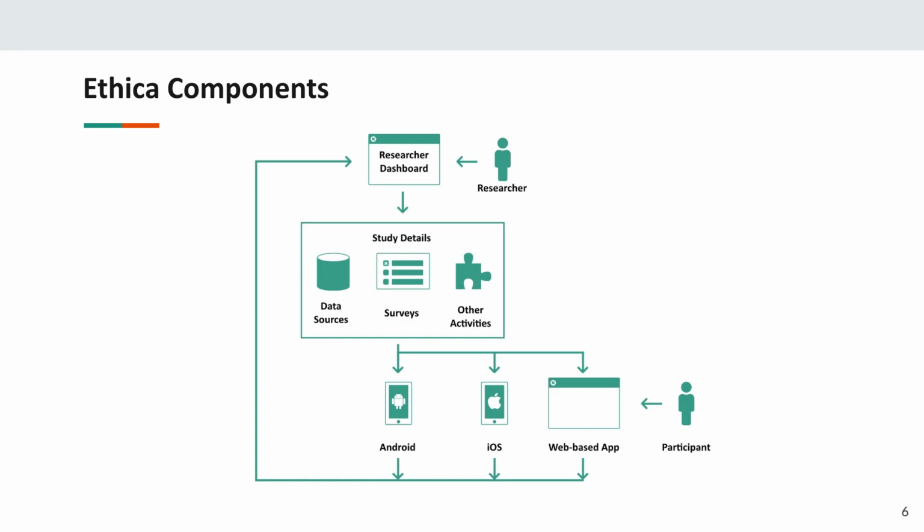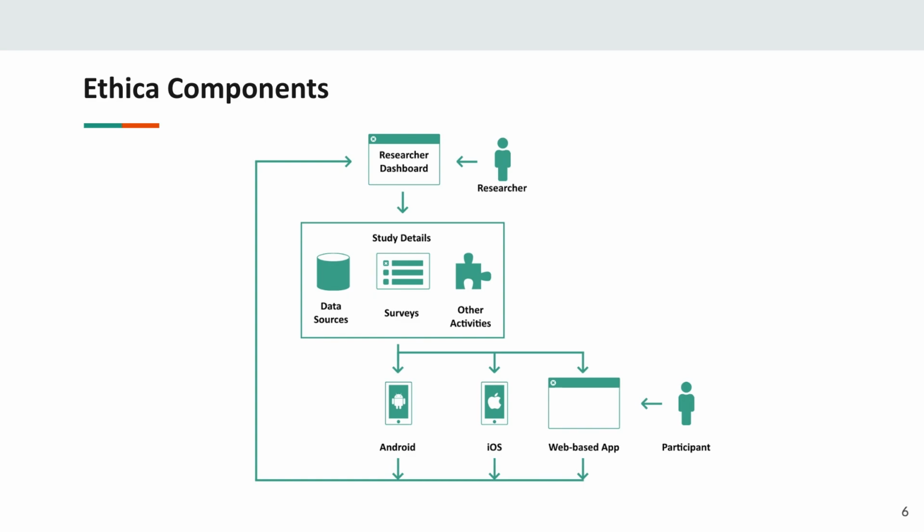And a study consists of data sources, which provide the sensor data or any other automated data collected from the participant throughout the study, the surveys that they respond to, and any other activities that the participant has to do during the study. For example, we talked about ASA24. If we add that as an integration to the study, that's an activity that they have to do.